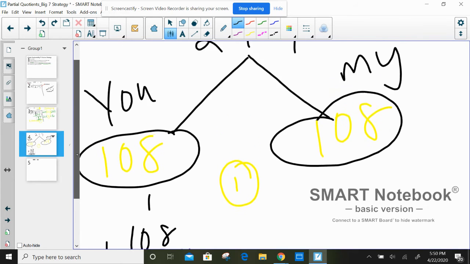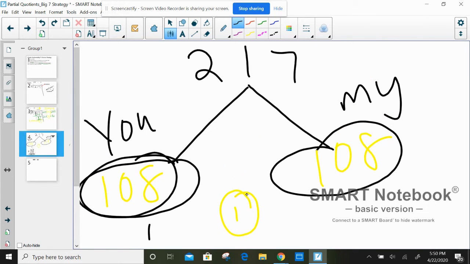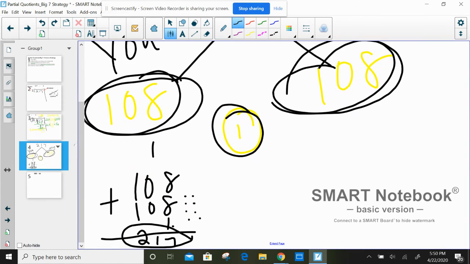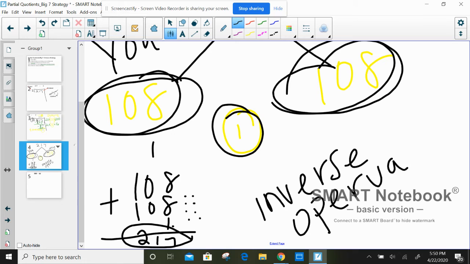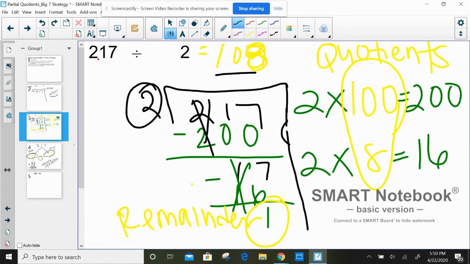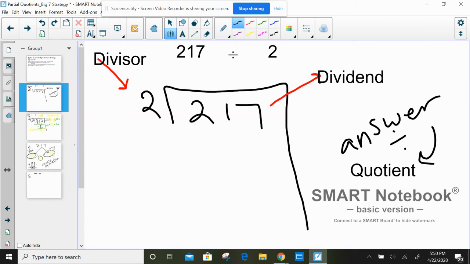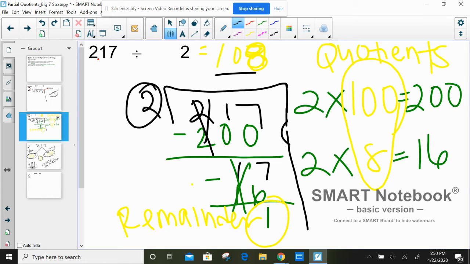And see how when we added all these numbers together, the 108 and the 1 and the 108, we got 217. That means we did the inverse operation. Okay, we did the reverse. All right, so that means the answer to 217 divided by 2 is 108.